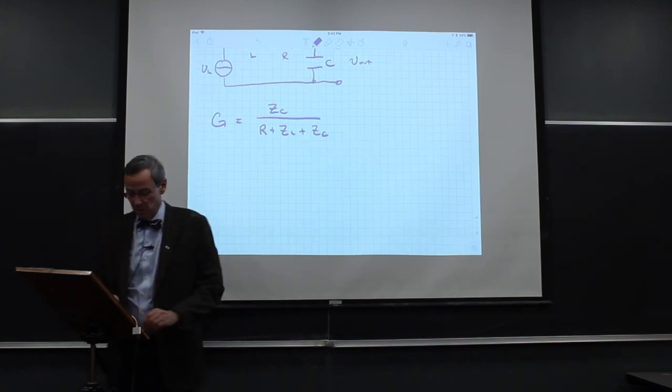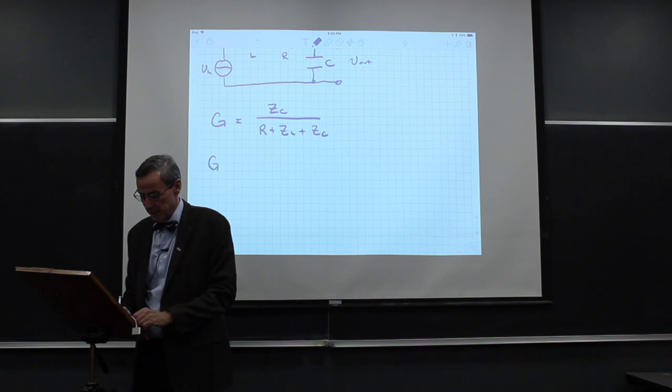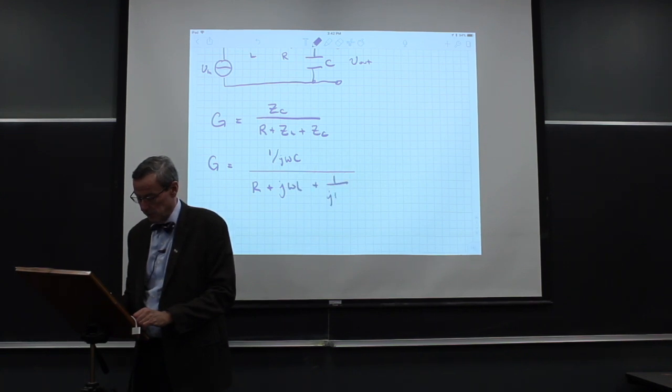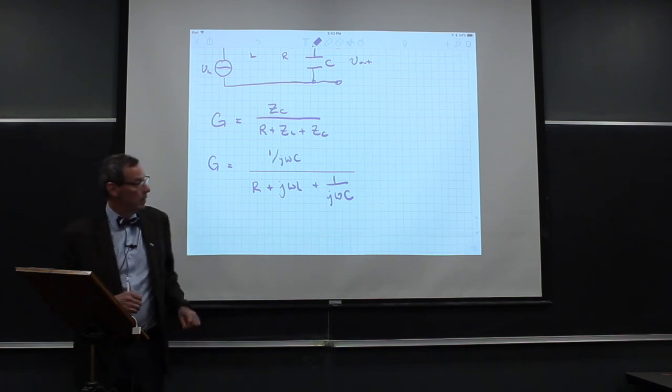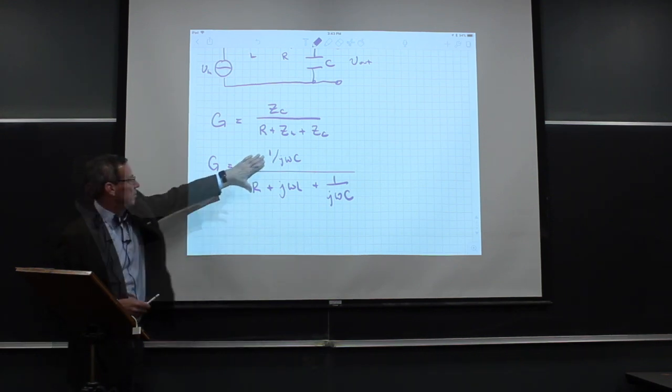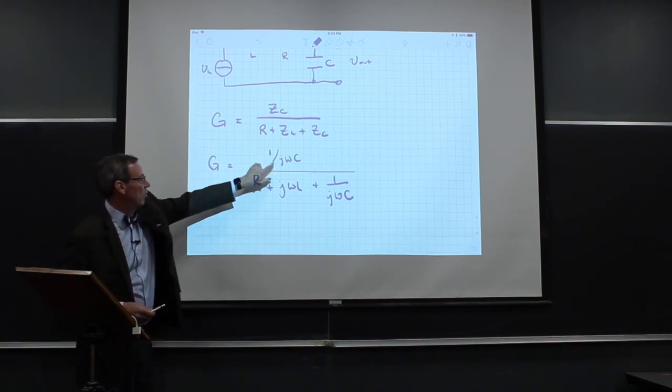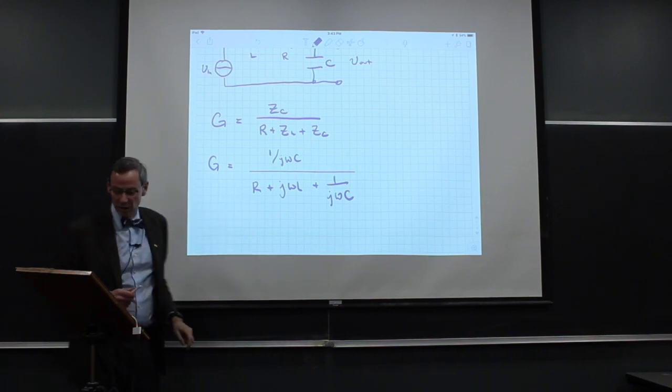That's not terrible. We did part of it already. The gain is 1 over j omega C for the capacitor, over the resistor plus j omega L plus 1 over j omega C. We can do the same sort of simplification we did before. We can bring this down and factor the R out.